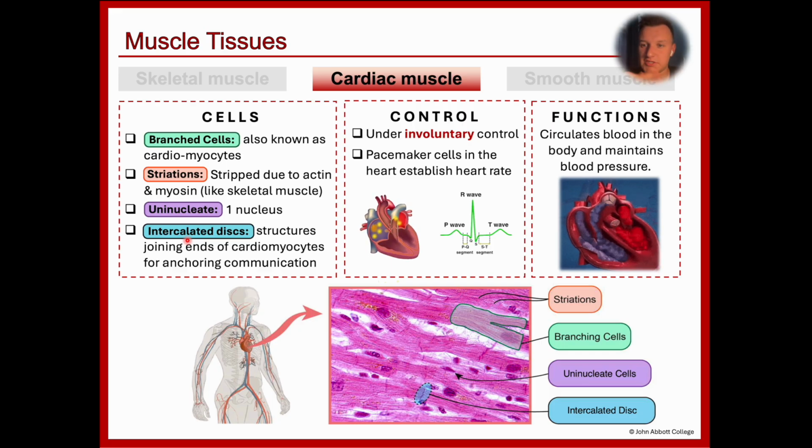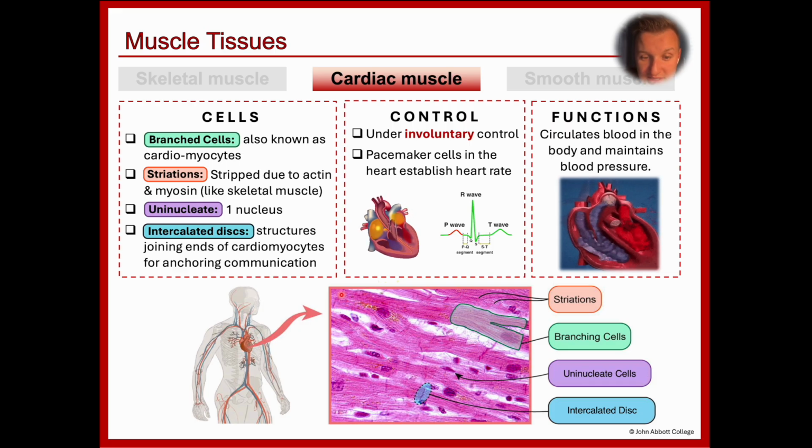So inter means between, right? So intercalated discs are these little striations. Do you see these little darker areas, right? They're structures that join the ends of cardiomyocytes. That's how you know that you're moving on to another cell. This intercalated disc here is showing you one cardiac cell on this side and a separate one on the other side.